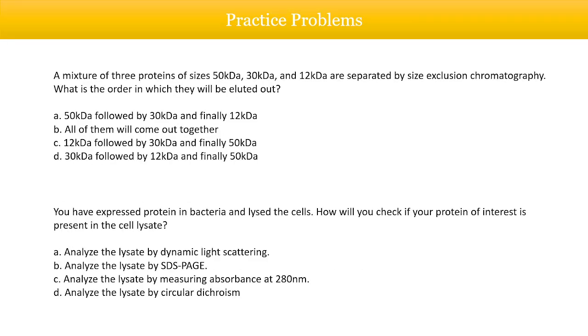Okay. Now, a mixture of three proteins of sizes 50, 30, and 12 kilodalton are separated by size exclusion chromatography. What is the order in which they will be eluting? Is it 50, 30, 12, or all of them will come out together? Is it 12, 30, 50, or 30, 12, 50?